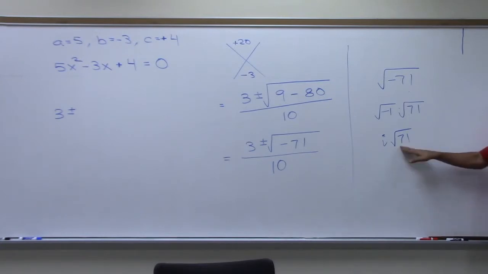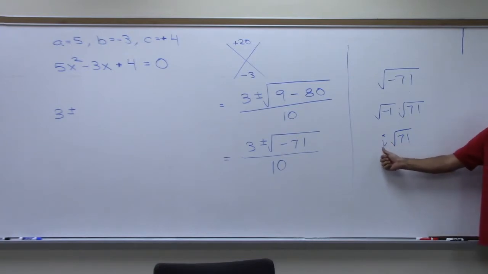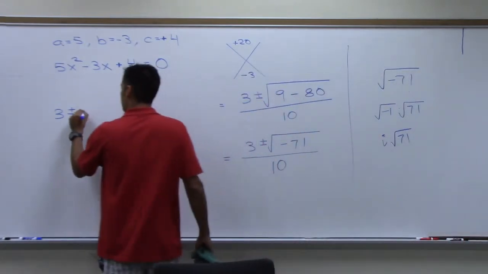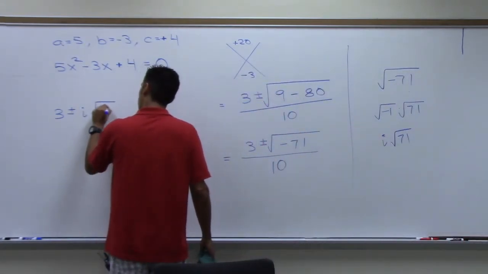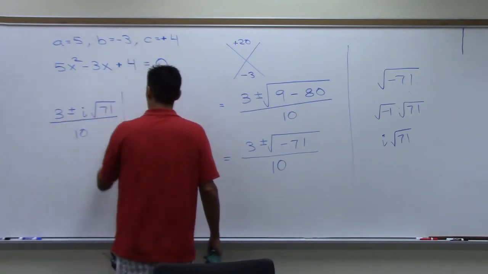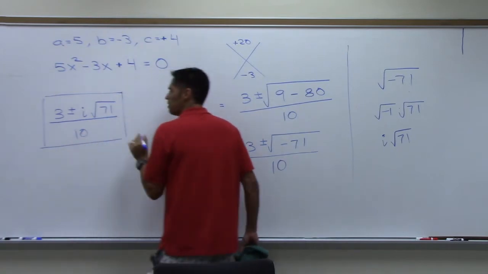Now, since root 71 doesn't break down, I'm just going to leave it as root 71. And the I can put it in front or in the back. Normally, we put the I in front of the root. If it's a root, we leave it in front. So I'm going to put I root 71 over 10. And that's what I'm going to box as my exact answer.